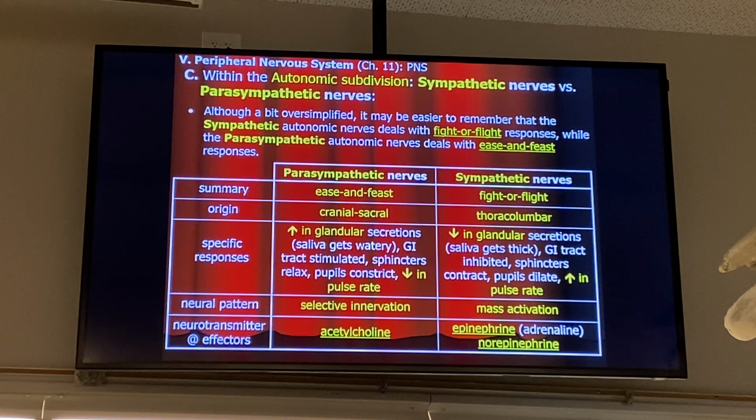Third row. Don't bother memorizing that, just compare it to your own experience of being human. You get spooked, everything dries up. You walk into your mom's house on Thanksgiving, everything waters up.